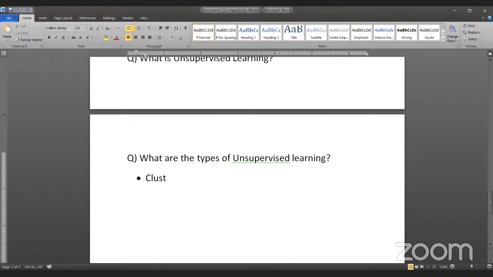First is clustering. Second, we can say association. What is then clustering?